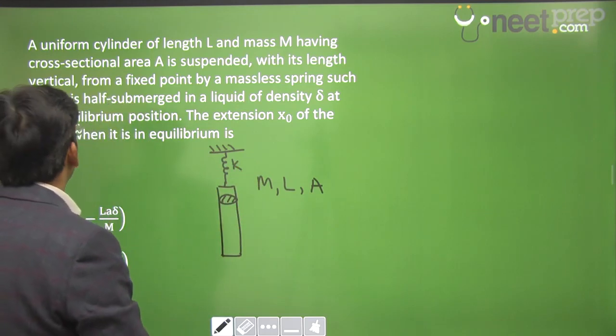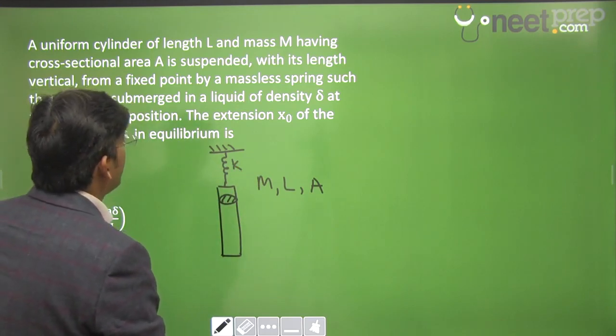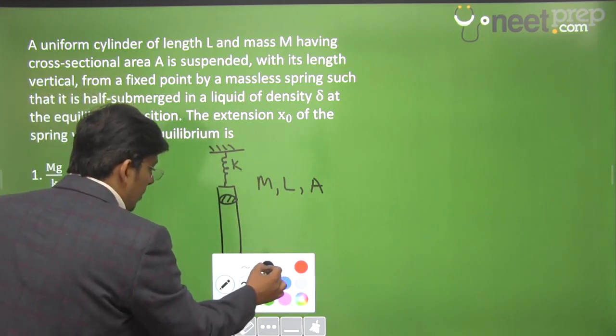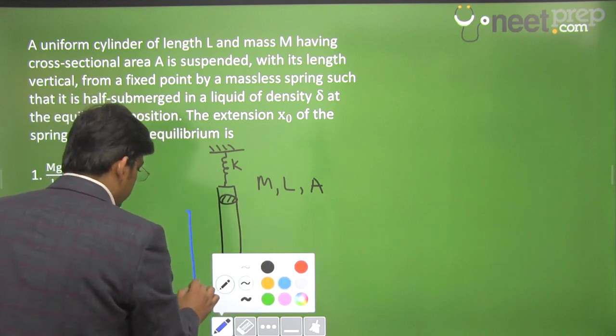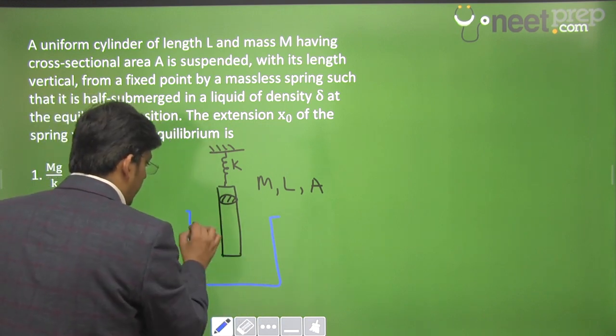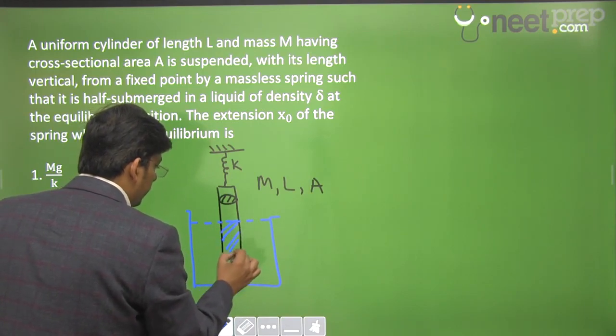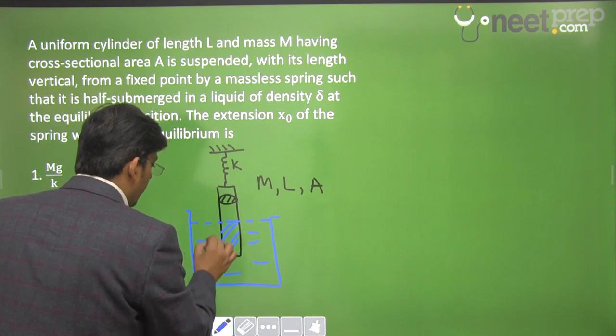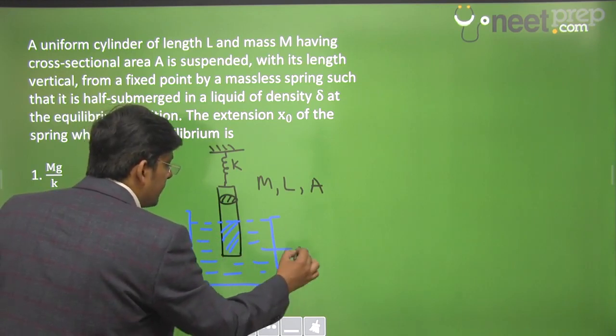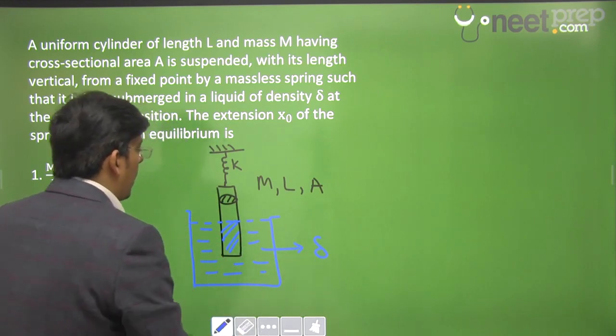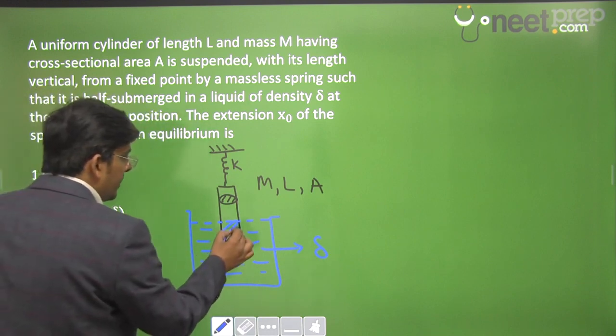Such that half of it is submerged in a liquid of density delta. See, half the rod is being submerged in a liquid of density delta, right?